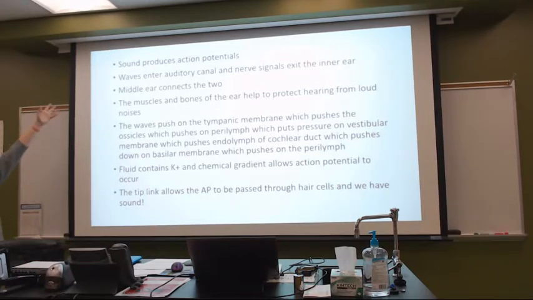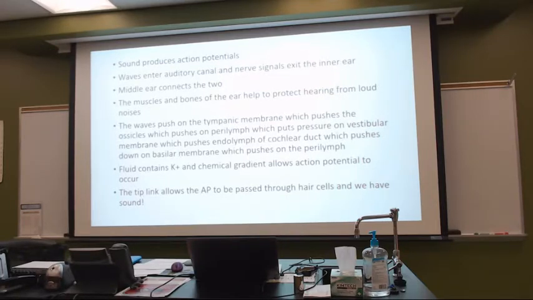So, just like we've been talking about, the movement of the air produces the action potentials. We're going to see the nerve signals exit the inner ear by way of the cochlear nerve. And when we begin to think about structure for hearing, there are some muscles, ligaments, and everything located in the structure, and their goal is to protect our hearing.